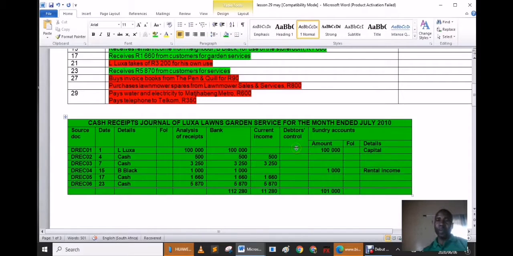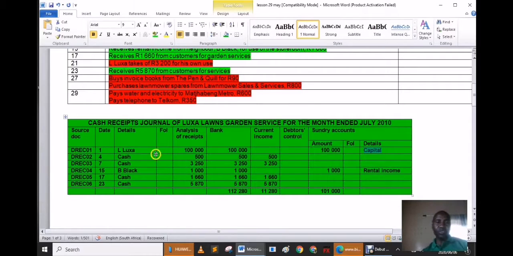This is going to help us understand that any transaction that happens is going to affect 2 accounts. So which 2 accounts? Bank, which is an asset, and then capital, which is owner's equity. We must always learn to identify the 2 accounts affected by a transaction, as we have already seen before.